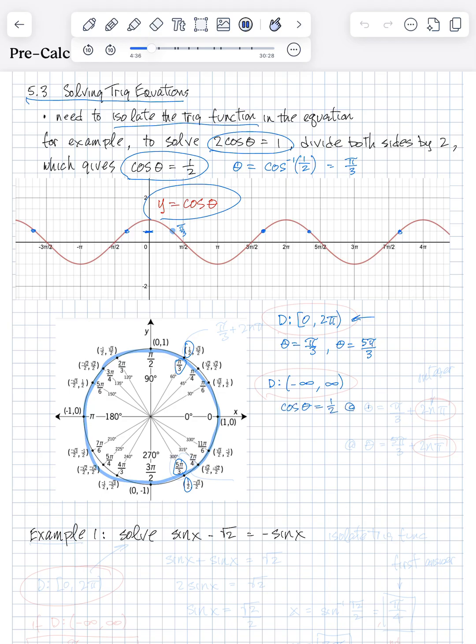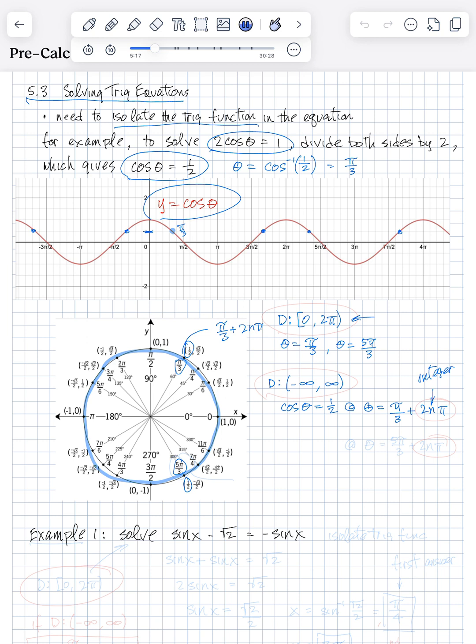It's going to be at theta equals pi over 3 plus 1 revolution, which is 2 pi, or 2 revolutions. And so the way we get around that, we just say plus 2n pi, and n is an integer. So this gets all of the values where cosine theta equals 1/2. It's here, pi over 3 plus 2n pi.